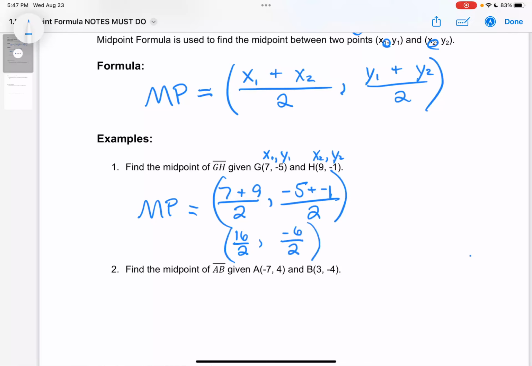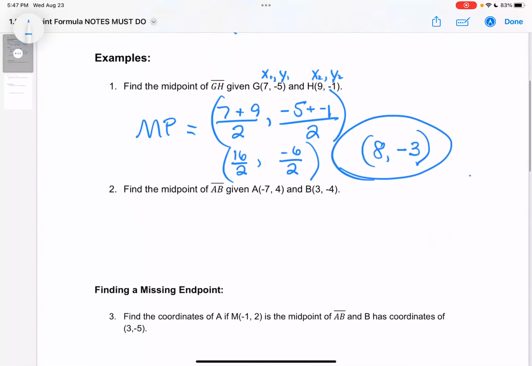So I can say my ordered pair is 8, the 16 divided by 2, comma, -3. That's the midpoint, the point directly between the two. So the idea is you've got a segment with these two different points that are named, and we're just averaging the two essentially and getting a point left over.